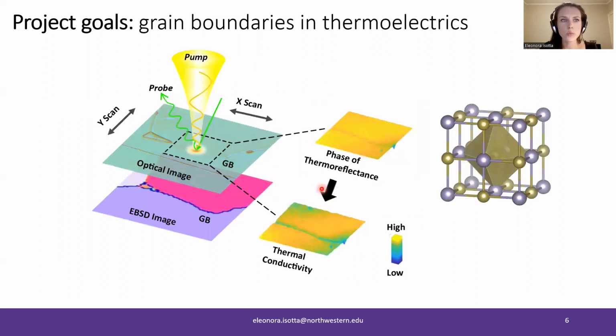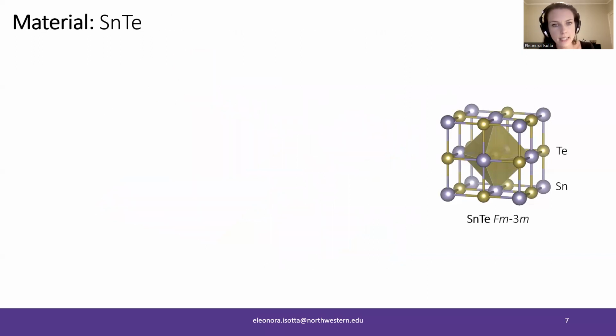So for this reason, we thought, can we use a similar methodology to study possibly individual grain boundaries in thermoelectric materials? And with this, hopefully get a little bit of understanding of how grain boundaries work in thermoelectrics and how we can use them to achieve our goal of overall improving the properties. So this is exactly the object of the present study.